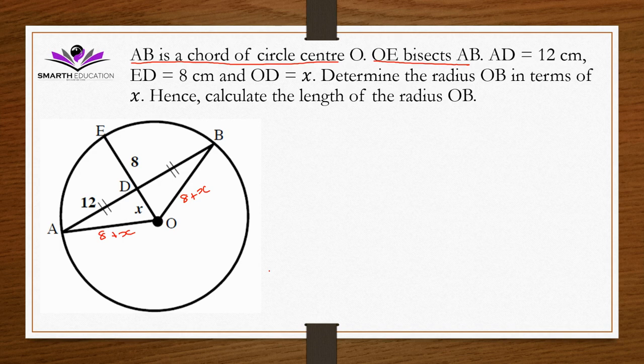OE bisects what? AB. So it means it cuts AB into two equal parts, meaning that this is the midpoint. Therefore, this angle and this angle are right angles. So let's name them D1 and D2. So D1 is equal to 90 degrees.